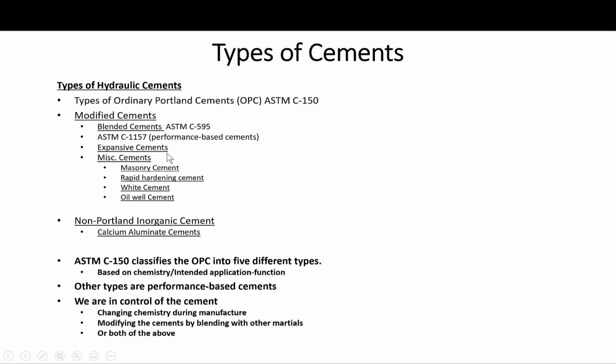We have miscellaneous type cements for various uses, like the masonry cement, rapid hardening cement, white cement, and oil well cement. We have also the non-Portland inorganic cements, so the calcium aluminate cements. These are not calcium silicate cements. Again, we will talk about all these in later lectures, not in this lecture, in detail, of course.